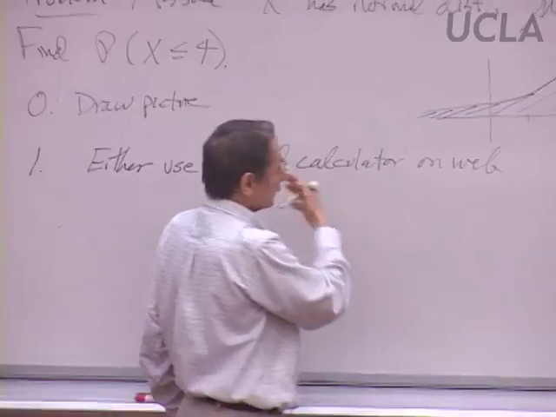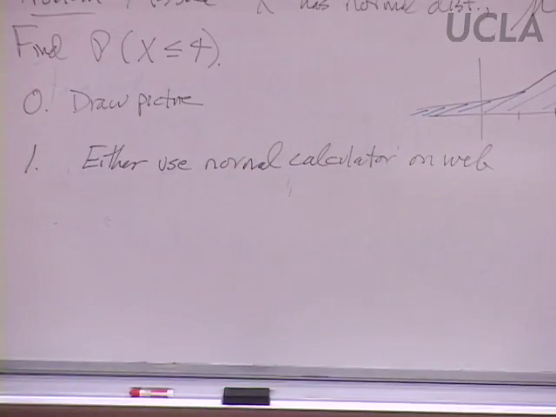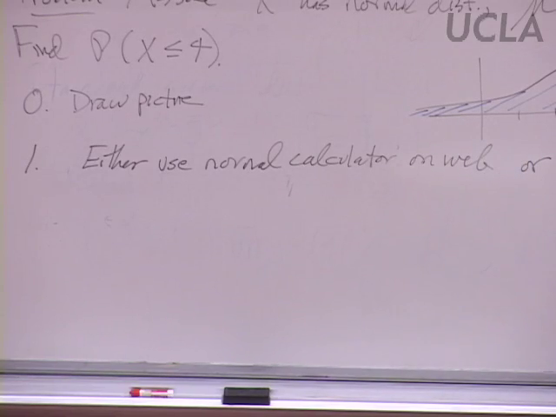And there's a zillion normal distribution calculators on the web. A search engine will direct you to a bunch of them. For that matter, our homework page has a link to one of them. Or, if we don't happen to have web access with us, we'll work it out.